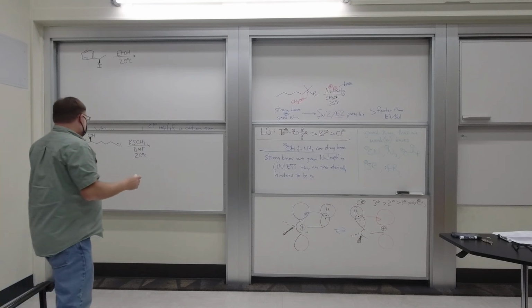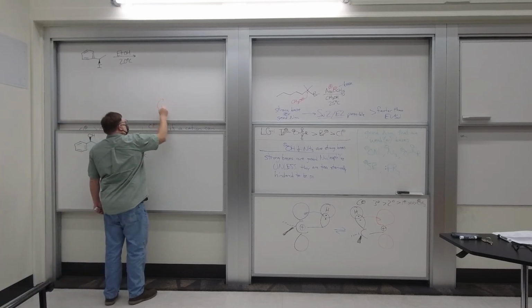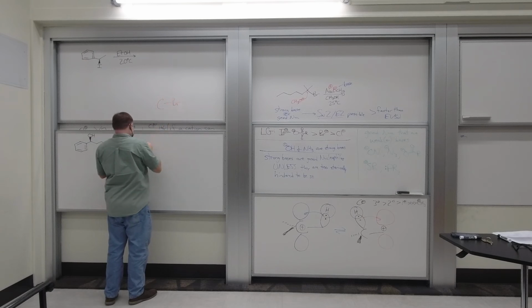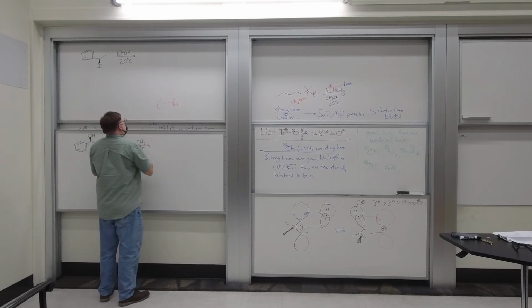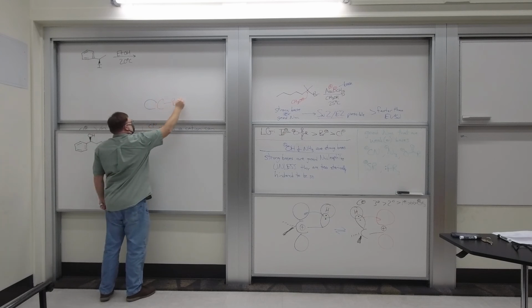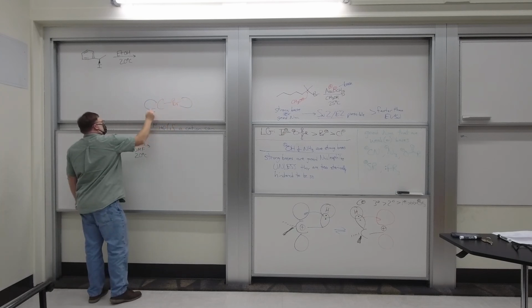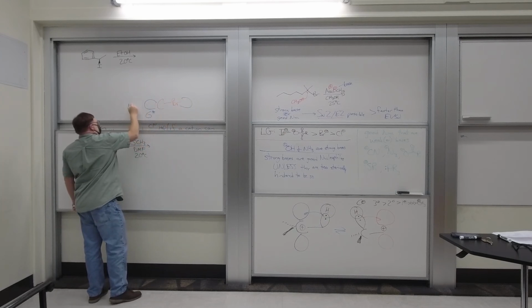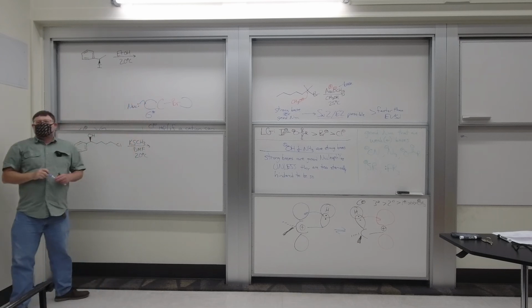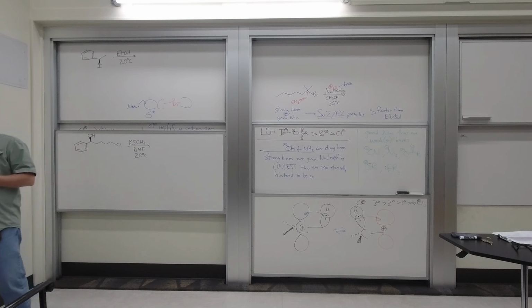But again, the carbon bromide, the electrons have to go into the sigma antibonding orbital. That requires that the nucleophile come from directly opposite the bromide.